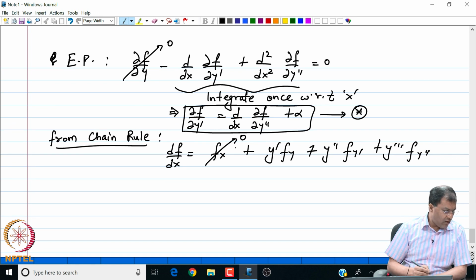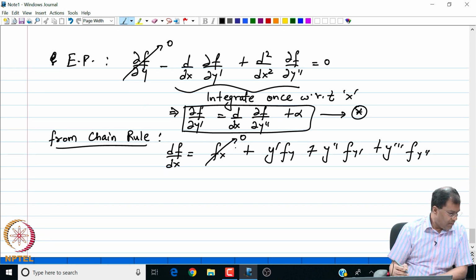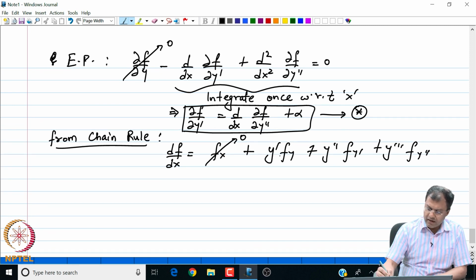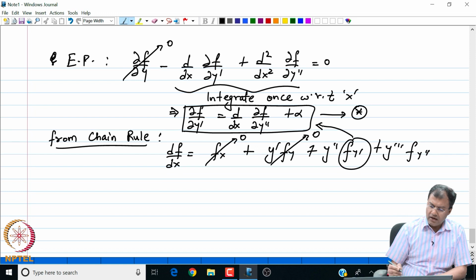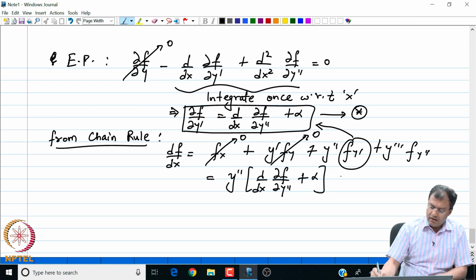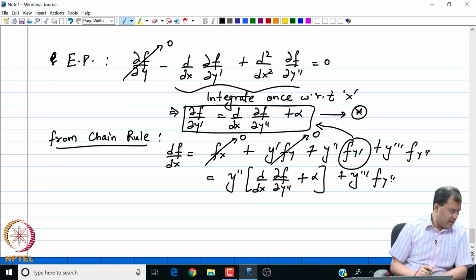If this partial is 0, I see that I can replace certain other quantities. Well, this is also 0, it is independent of y. So, this is also 0, right, and this particular quantity can be replaced from this star, to come to the fact that this is y double prime d dx of partial f partial y double prime plus alpha, right, plus y triple prime f y double prime, right.